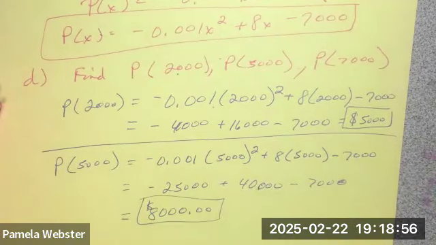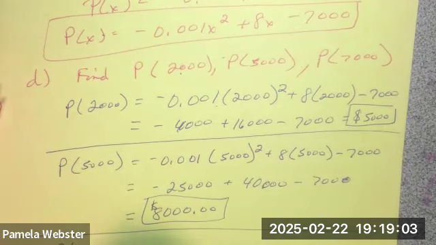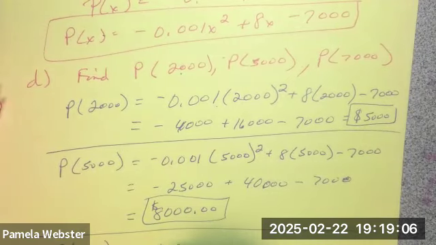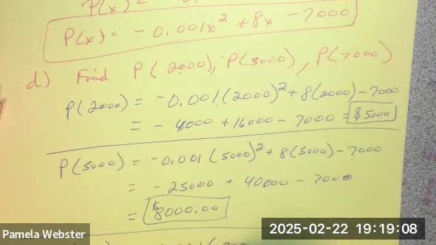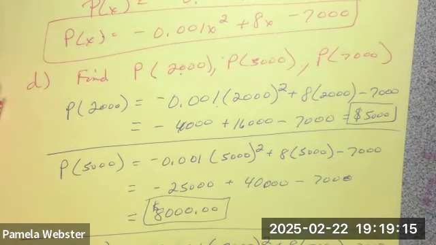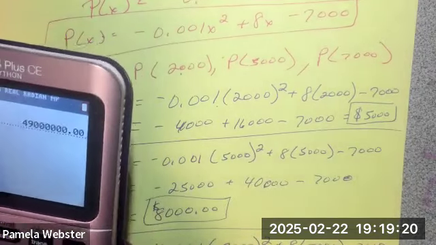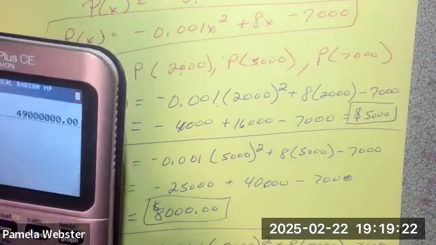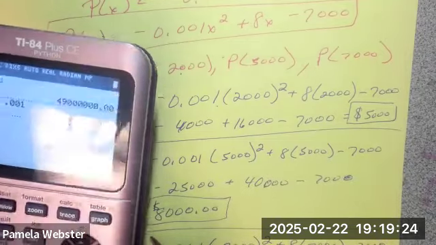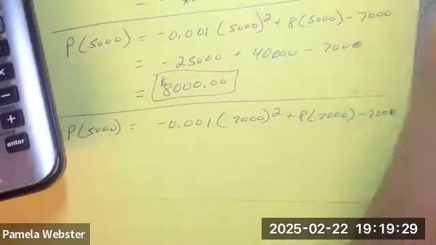Okay. And then one more of these. What if I did the 7,000? That was the third number they asked me for. Plug it in. 7,000 squared times the negative 0.001. That's a negative 49,000.